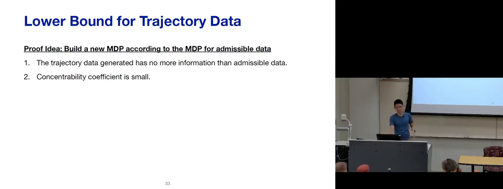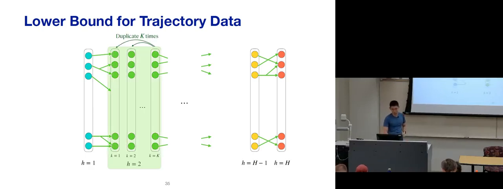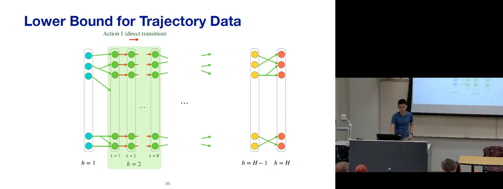In this section, we no longer deal with the aggregated concentrability coefficient. Suppose this is an MDP for the missile data. We replicate every layer k times and make an MDP of h times k layers. In the last layer of each block, we give the transitions of the previous MDP for the missile data.